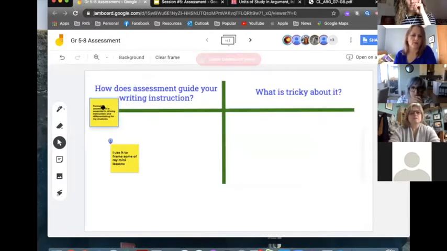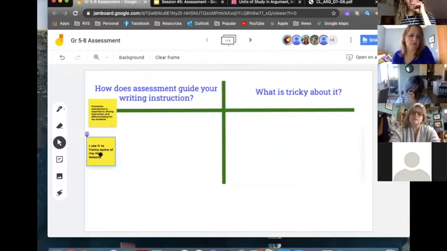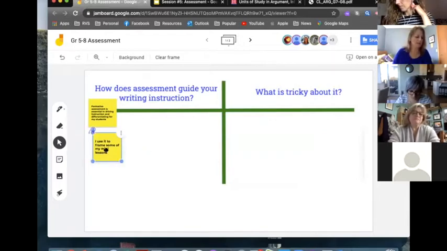And so then you're going to just find places that they fit within here. So we'll just give you a couple minutes to put some of your thoughts around assessment and how that guides your writing instruction. And then also what makes that tricky?